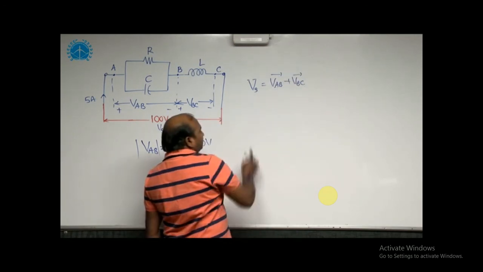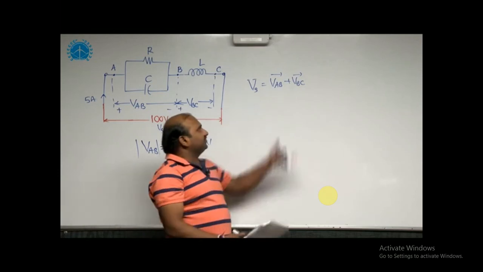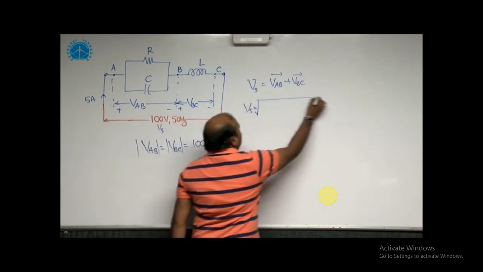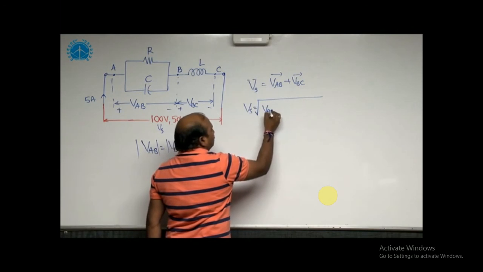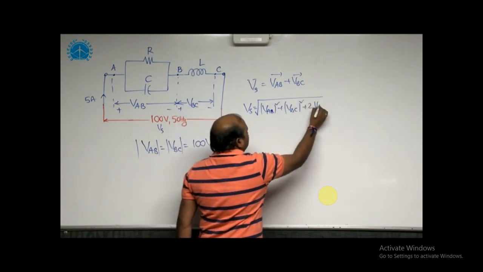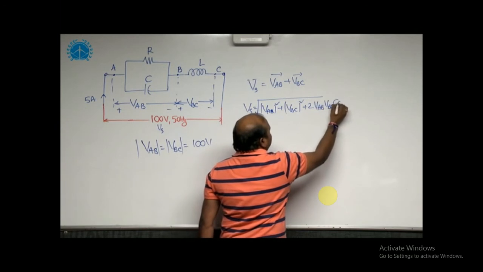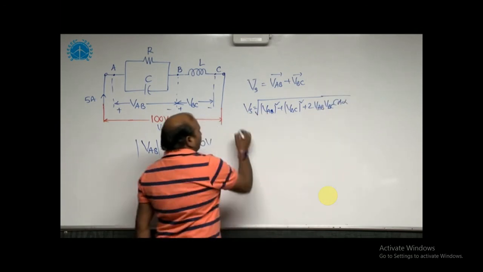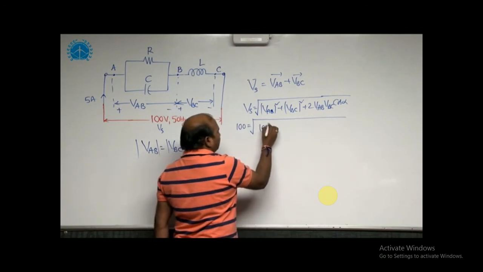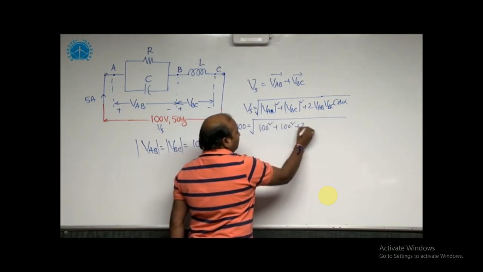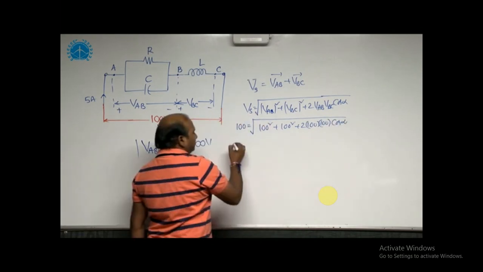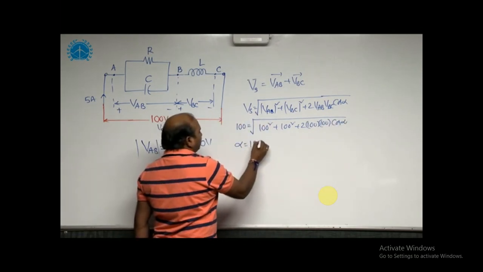To obtain the angle between VAB and VBC, I need to take Vs is equal to under root VAB magnitude whole square plus VBC magnitude whole square plus 2 VAB VBC cos alpha. From this, you will get 100 is equal to under root 100 square plus 100 square plus 2 into 100 into 100 cos alpha. From this, you will get the alpha value as 120 degrees.